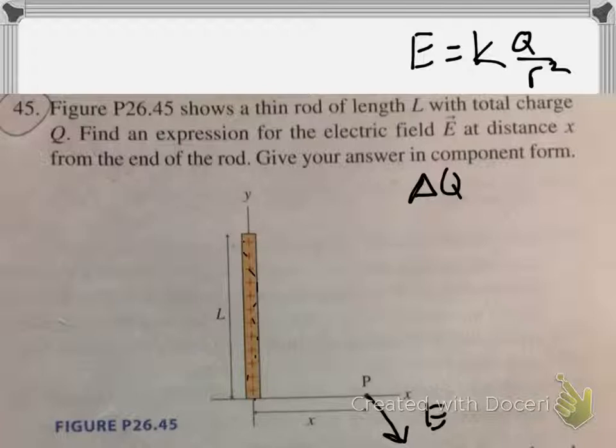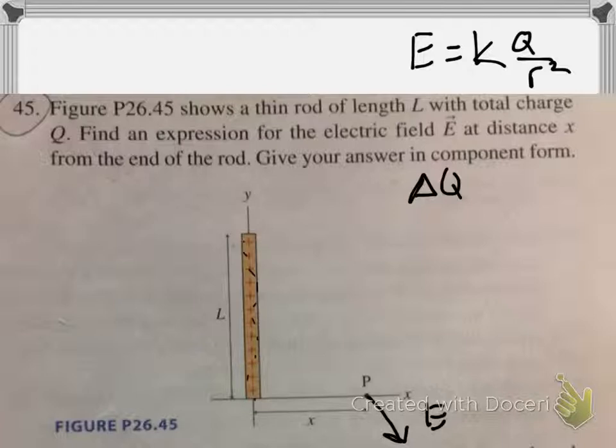Okay, anyways. Yes? The charge is uniform, but the distance is changing. Yeah, exactly. This brings up a good point, because I showed you the electric field from a line of charge and the electric field from a ring of charge.